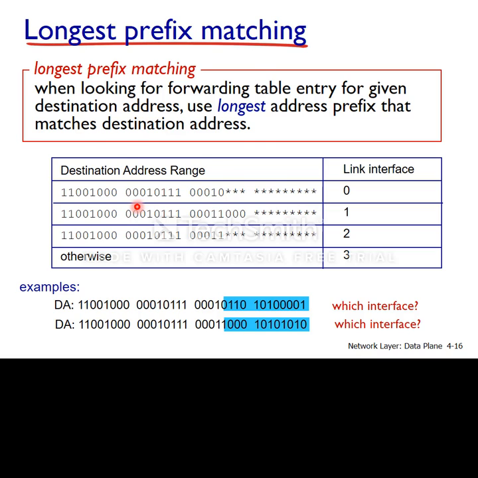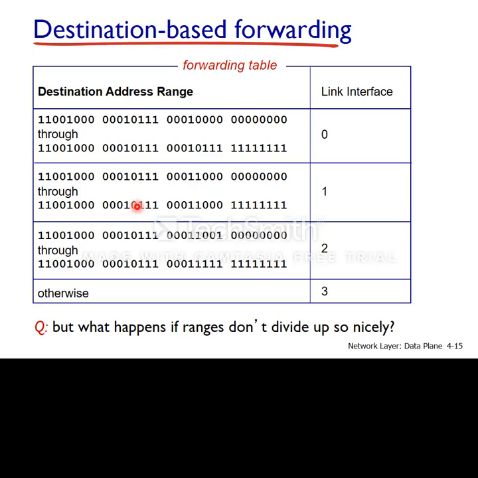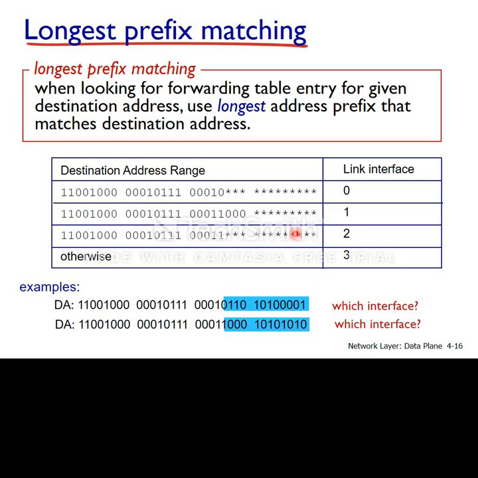So to go back to this table, you notice that the prefix for these two was the first 21 bits. The prefix for this row was the first 24 bits, and the prefix here was the first 21 bits. So this table is simply derived from the table on the previous slide.